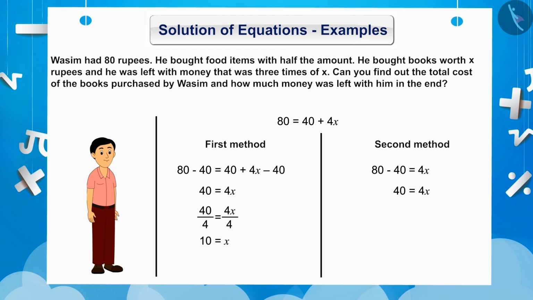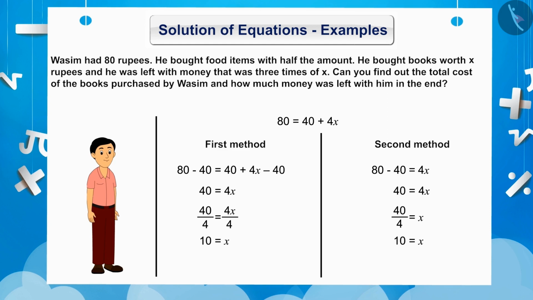Now in RHS, we need only x instead of 4x. As we can see, in RHS, 4 is being multiplied by x. Let's move 4 to the LHS. On doing so, 40 gets divided by 4, resulting in 10. Therefore, we'll get 10 is equal to x.